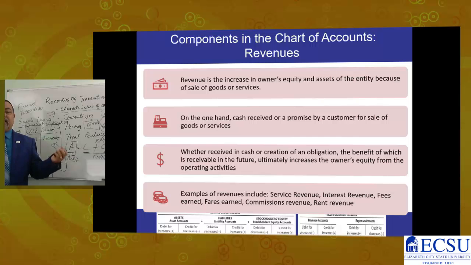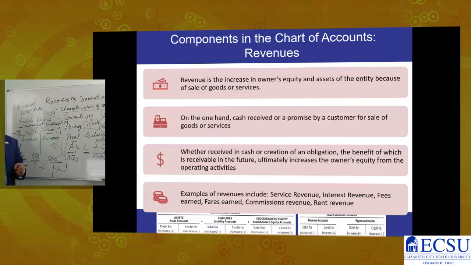On the one hand, cash received or a promise by a customer for sale of goods or services. If you sell goods on cash, that's cash. On the other hand, it is a credit. So whether received in cash or an obligation is created, the benefit of the receivable is in the future. Therefore, it ultimately increases the owner's equity from this operating activity.